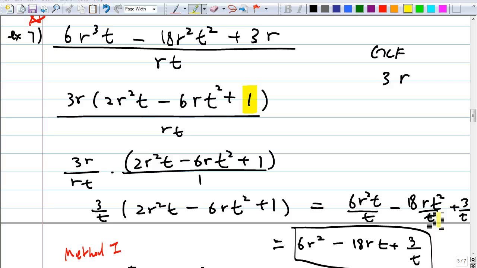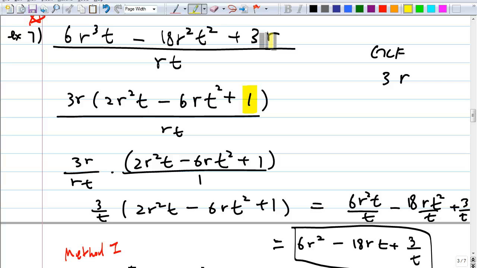I was just saying how I solve method 2: I don't look at the GCF, I just look at the denominator. I just pick out RT, not the GCF. But you can't take out T from the 3R. That's why when I took RT out, I just put 3 over T. I just cancel out the RT.